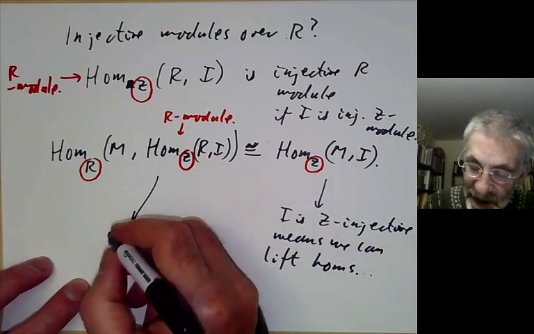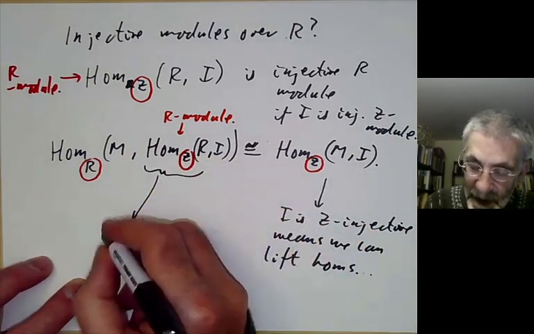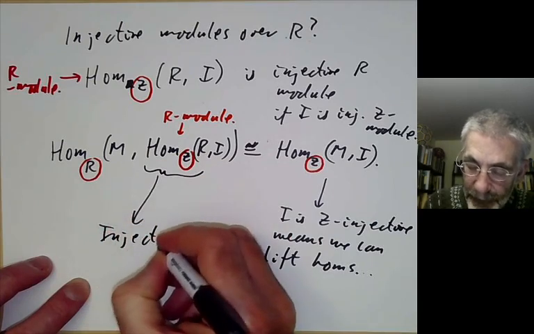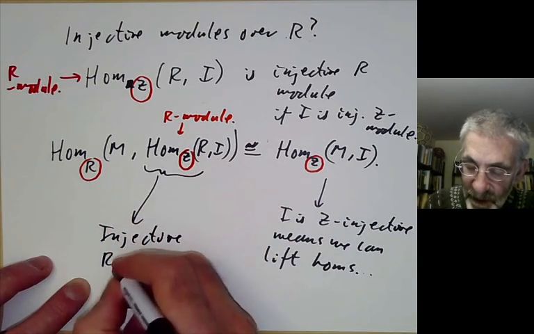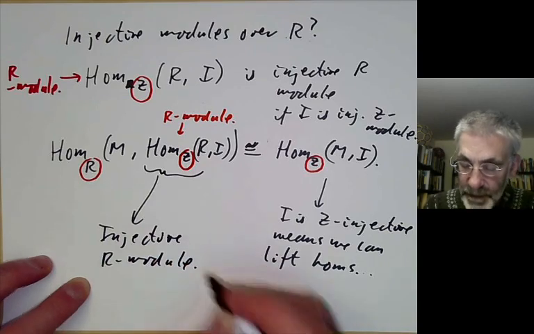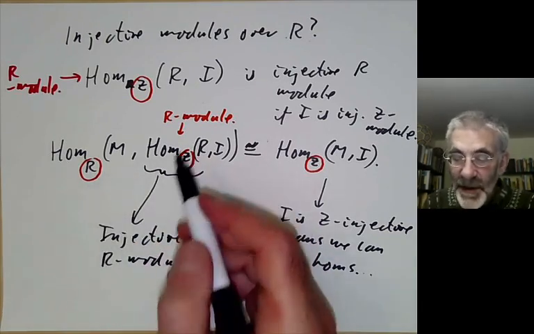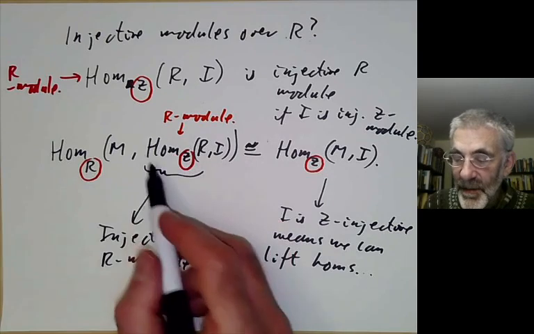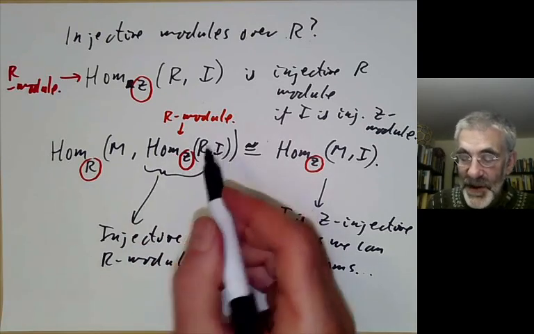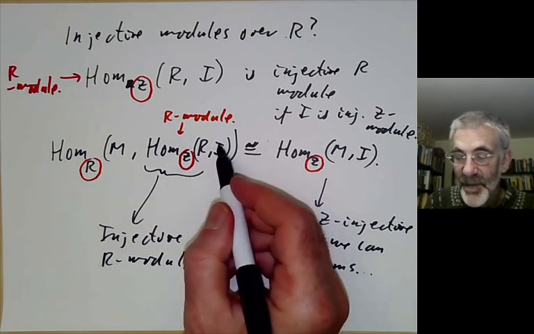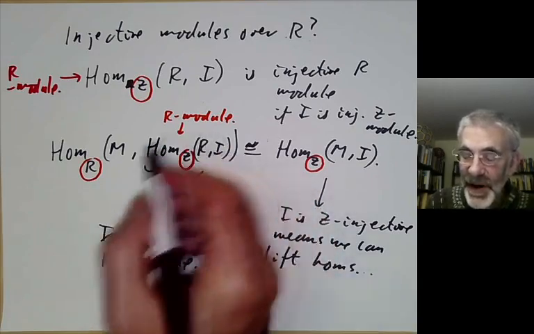So it implies that this thing here is an injective R module. So this gives us a large supply of R modules we can take that are injective. We can take any injective abelian group and just take this group here.